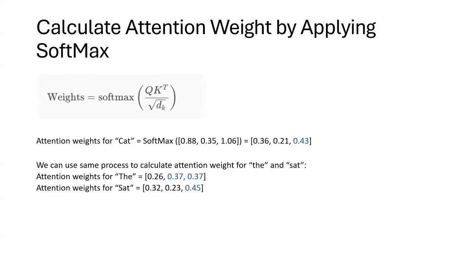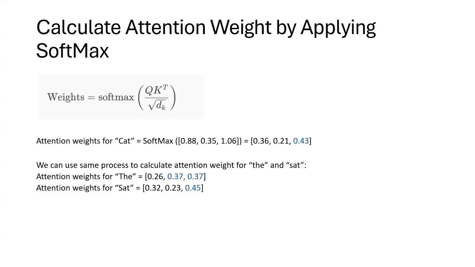After that, you need to apply the softmax function. If you apply the softmax function on the scaled attention score, you get a value. And what happens when you apply a softmax function to this vector? It gives you probability, right?